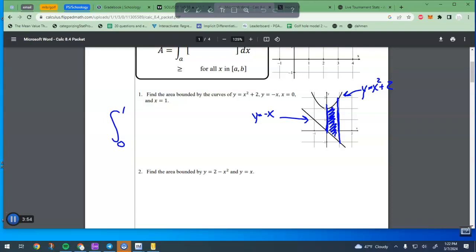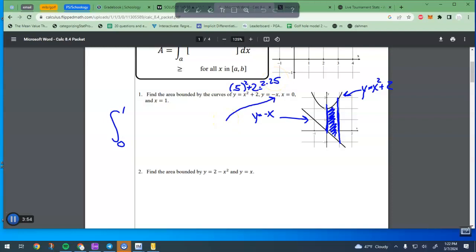Let's say you didn't have the graph, knowing which one's top and bottom. If you can't see the graph and you don't know, pick a number that is between these two values. So let's say 0.5. If I plug 0.5 into x squared plus 2, 0.25 plus 2 is 2.25.